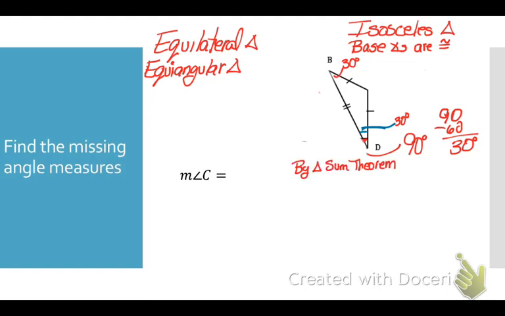Then, by the triangle sum theorem, I know that all three of those angles, if I give the other angle an x, if I add them all together, 30 plus 30 plus x has to equal 180. So when I solve that, I'm going to get that my angle C is 120 degrees.